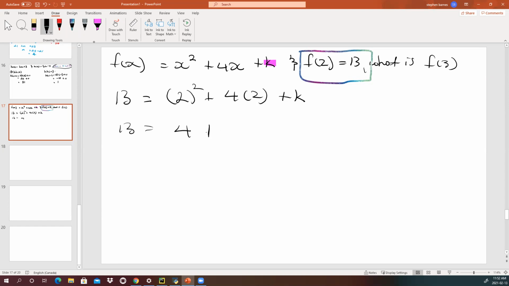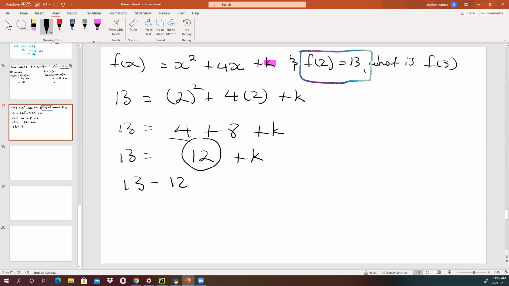So this is 4 plus 8 plus k. 13 is 12 plus k. 13 minus 12, because we're carrying this 12 across the equal sign. 13 minus 12 equals k. 1 equals k. Everybody see that?